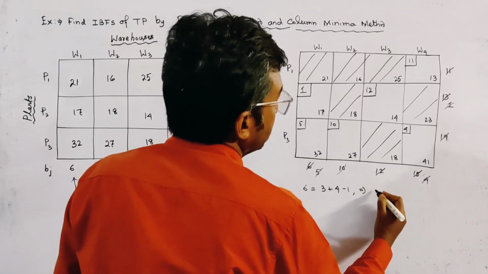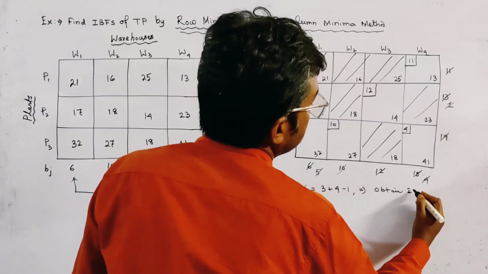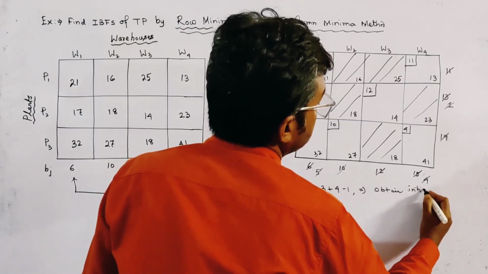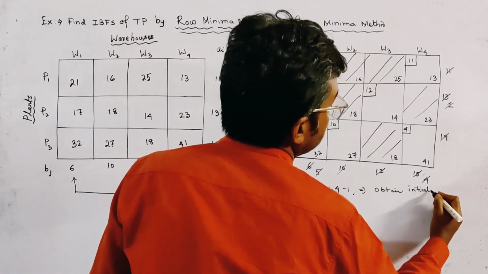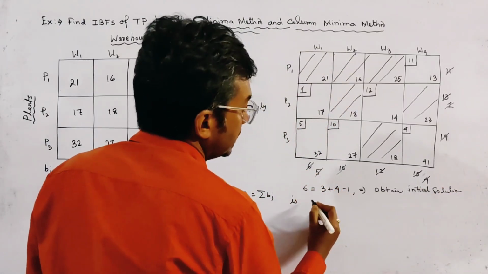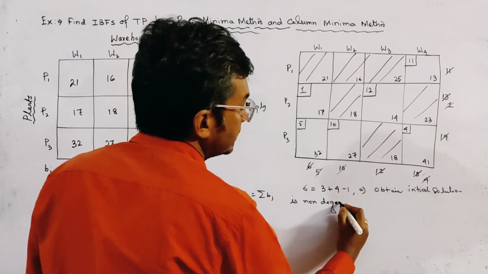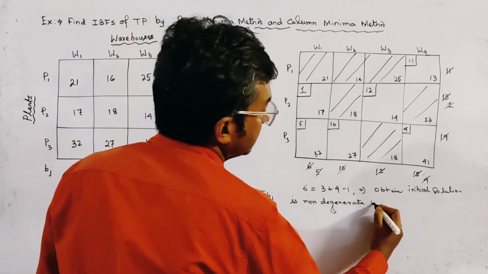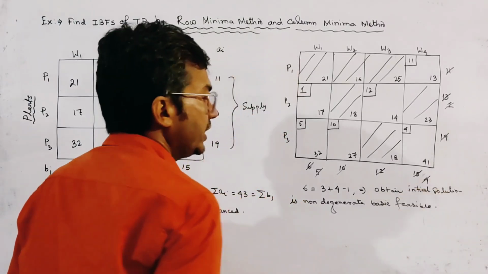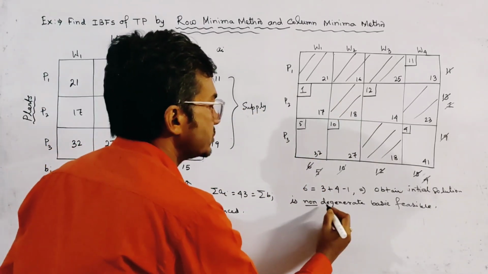So the obtained initial solution is non-degenerate basic feasible, because all the 6 allocations are positive, so we say that it is non-degenerate.